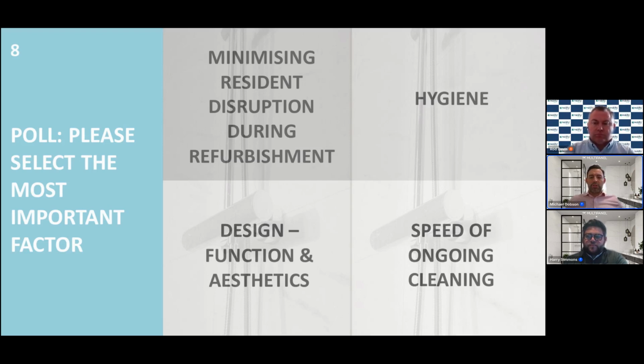So if you jump into polls, you'll be able to select one of these answers: minimising resident disruption, hygiene, design, which could be design function or design aesthetics, and then thinking of ongoing maintenance. So which one of these would you say is the most applicable?